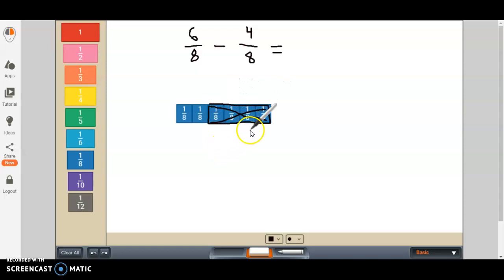Now if you look, just with addition, I'm not changing my denominator. I'm not changing the size of these pieces. They're still eighths, still 8 pieces make a whole. What I am changing is how many pieces I have. So I started off with 6 pieces. I'm taking away 4, which leaves me with 1, 2.